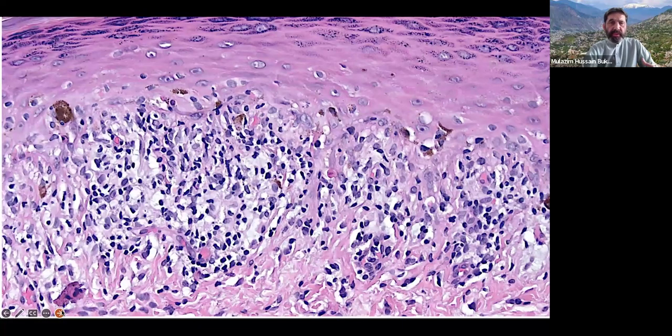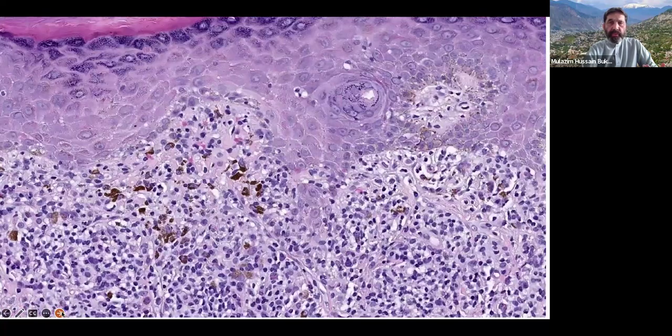You can see the civatte bodies, and again this is wedge shape hypergranulosis, while the dermoepidermal junction becomes sawtooth in appearance.